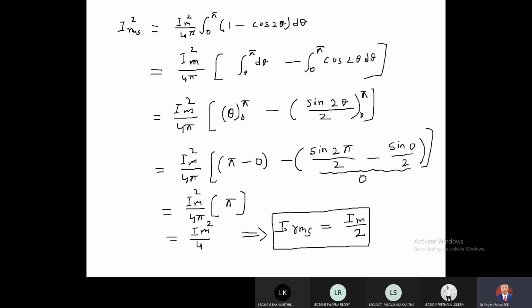Now we will find the DC value. DC value means this is also called the average value. DC value or average value, right?